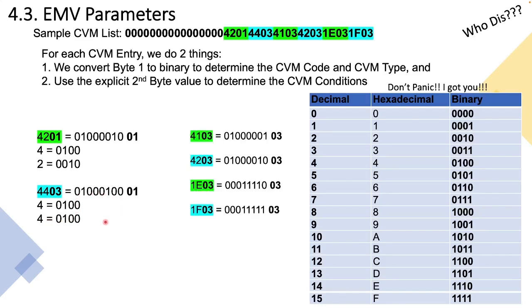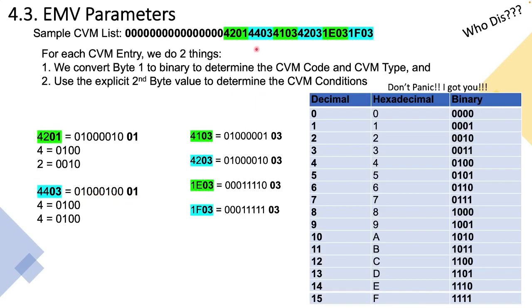I picked up another typo, so this should actually read 03. So you are seeing a 01 here. That's a mistake on my side. Please ignore. We'll correct it as we progress. So the first component is right, 0100, but this should be 03.